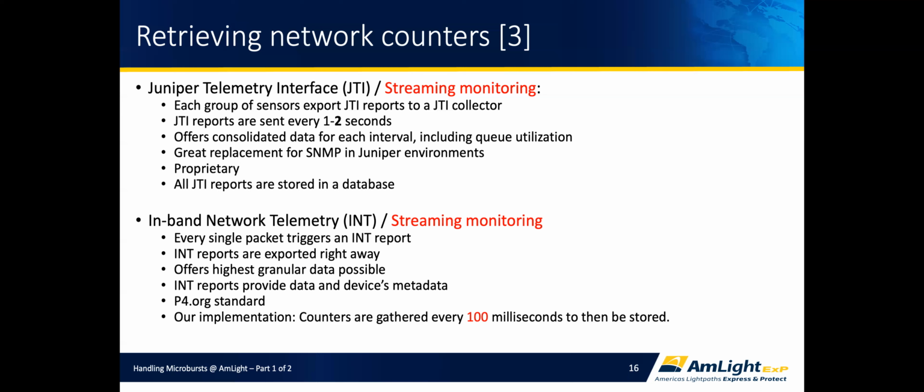We don't save every report because sometimes you have 4 million reports per second. The CPU cannot handle this, the disk cannot handle this, and sometimes even the NIC cannot process all of this. So we aggregate those into 100 milliseconds and then we store those.